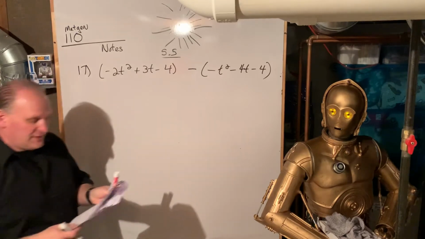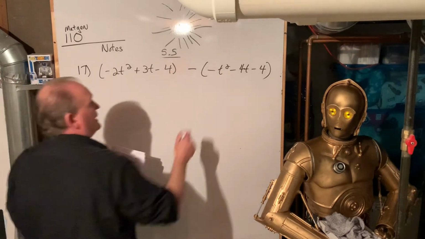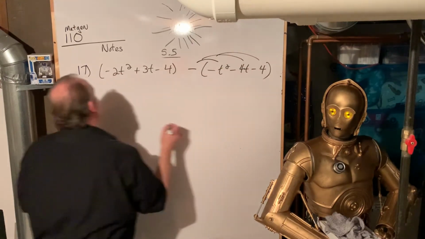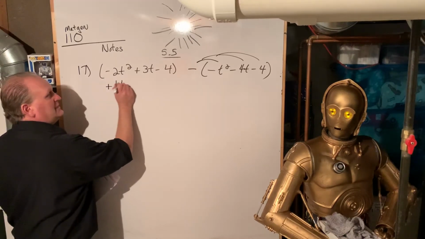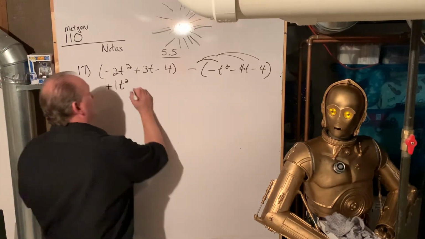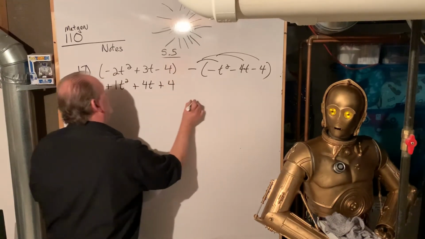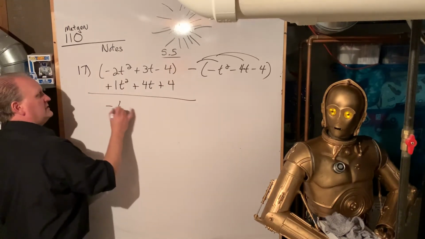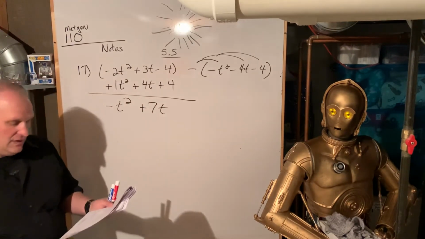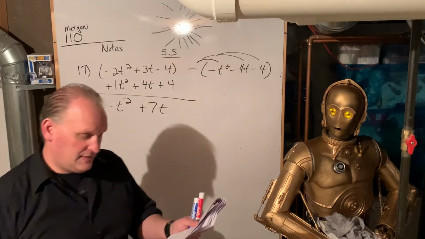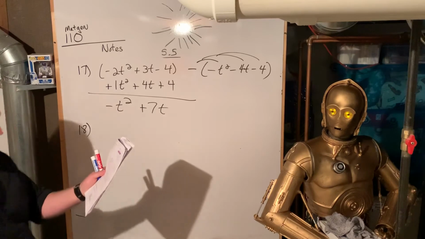So they want the difference of those two things. So first thing minus the second thing. So now we do the distributive property. So look, we'll have plus 1t squared plus 4t plus 4. And then add straight down, negative t squared plus 7t. And that's it.